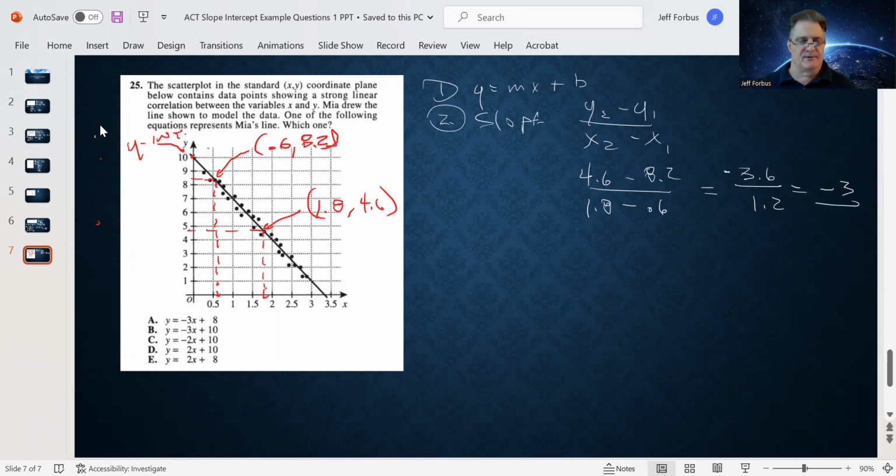So that gets rid of answer choice C, and that takes us to A and B. So the next thing we can do is use our formula. Now we can pick a point and put it into our formula.